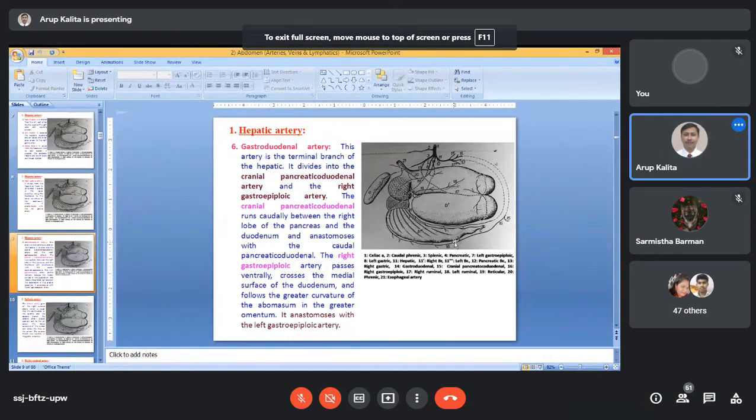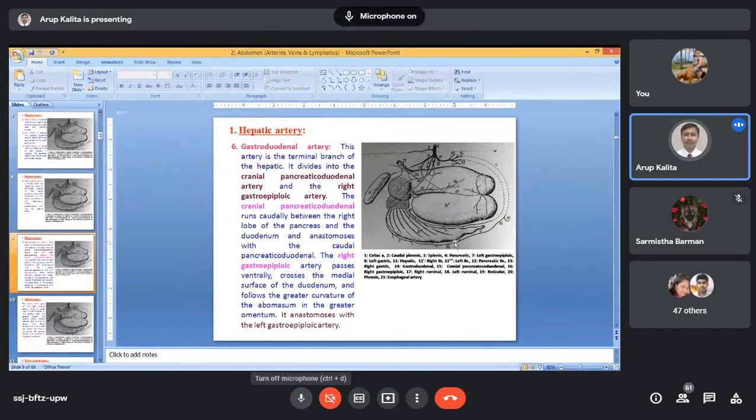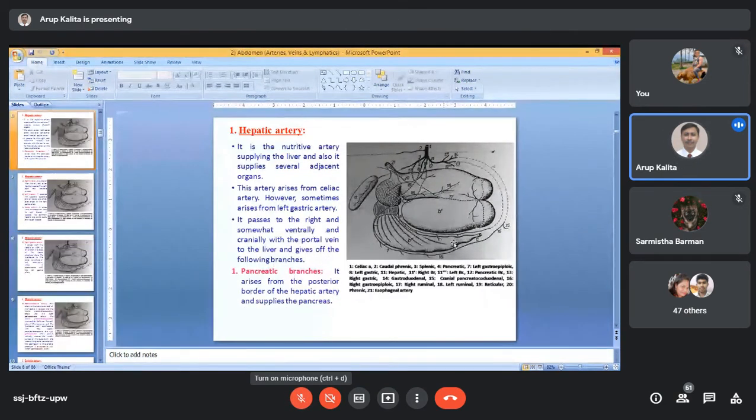Understand or not? So again I am repeating: hepatic artery, number 11. Where does it arise from? It arises from the celiac artery, number 1.